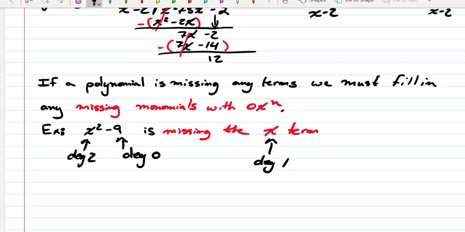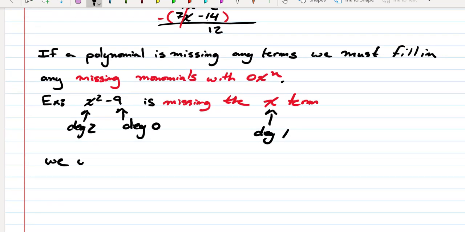So we would rewrite this as x squared plus 0x take away 9. So notice that didn't change this because what's 0 times anything? 0. And if you add 0 to something, does it change? No. So x squared plus 0x minus 9 is really the same thing as x squared minus 9.